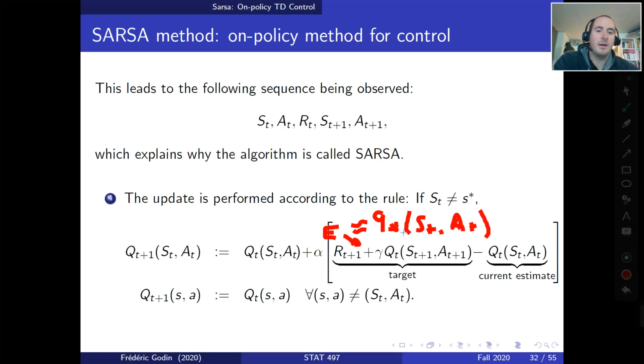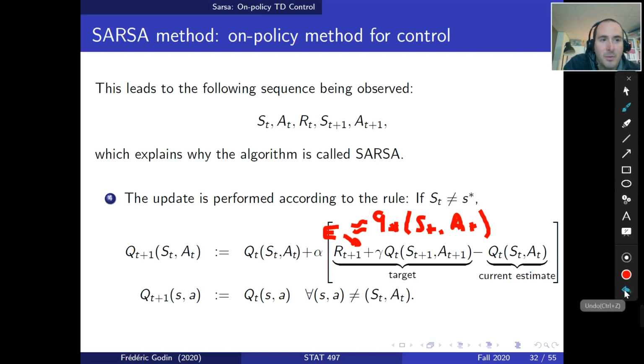Here I use Q star, but it's not entirely true, because if we use the epsilon greedy policy, it's not the true best policy, it's the best epsilon greedy policy. Sorry for this abuse of notation. So Q star here is not the fully optimal one, but the best epsilon greedy one. This rule has the same form as what we did earlier, so we're not in unknown territory here.